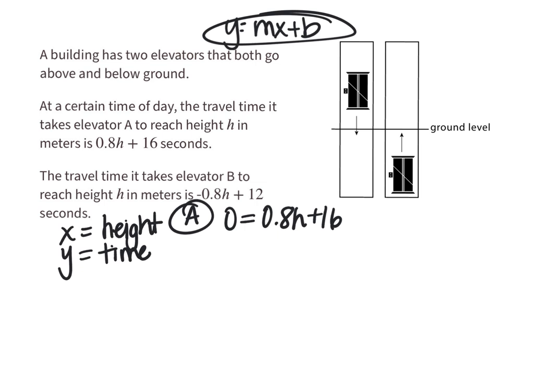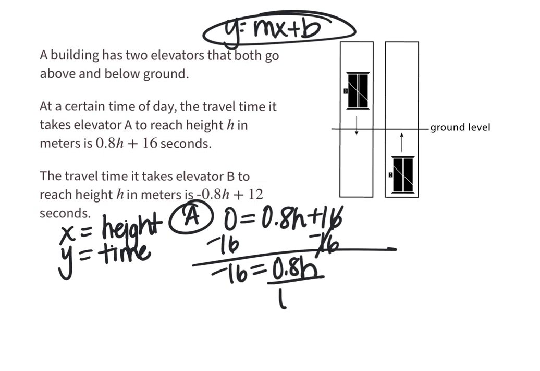I'm going to start by subtracting 16 from both sides. So I'll have negative 16 on the left is equal to 8/10 H because those 16s equal 0. Now I'm going to divide both sides by 8/10. And I get H is equal to negative 20.